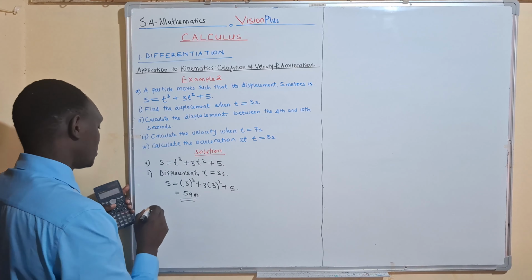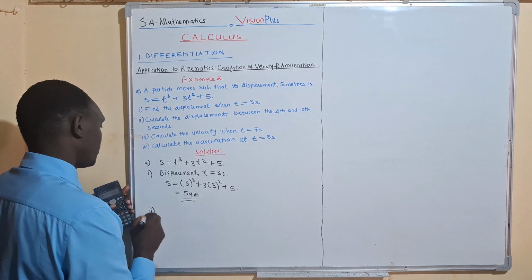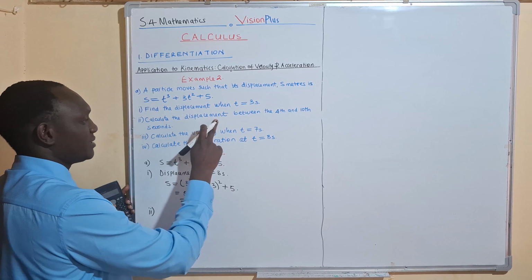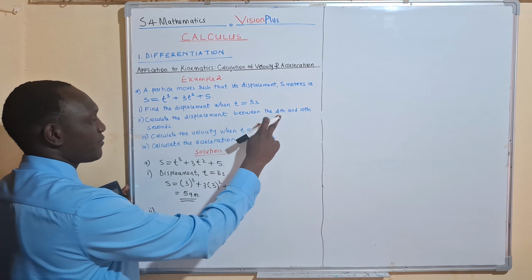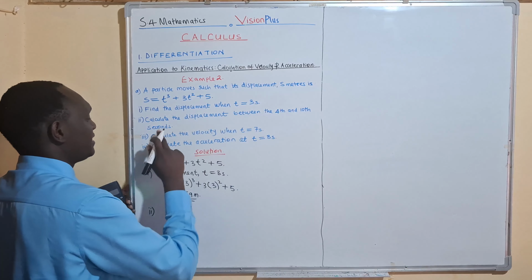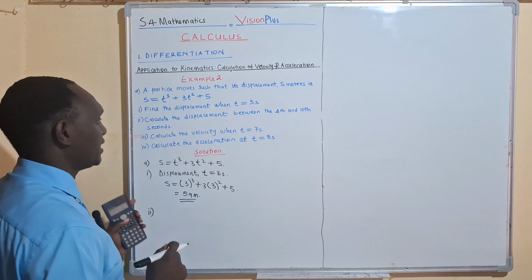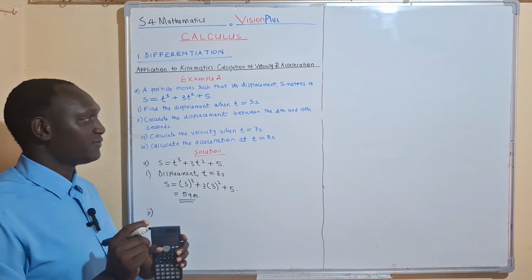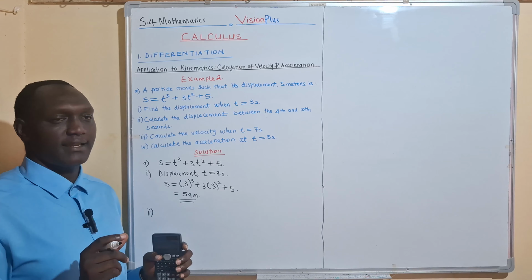Going to Roman 2. Roman 2 says, calculate the displacement between the 4th and the 10th second. We need to get the displacement between the 4th and the 10th second.